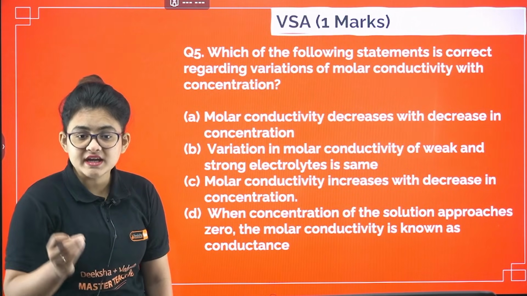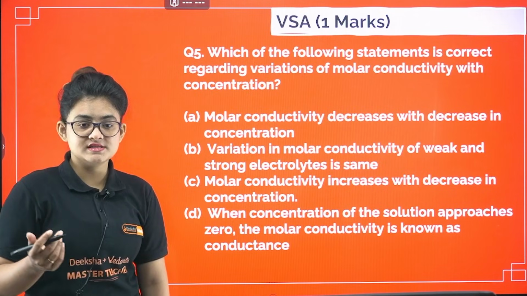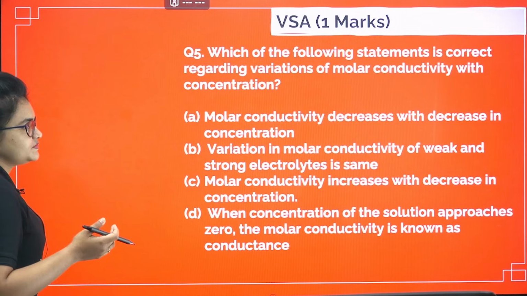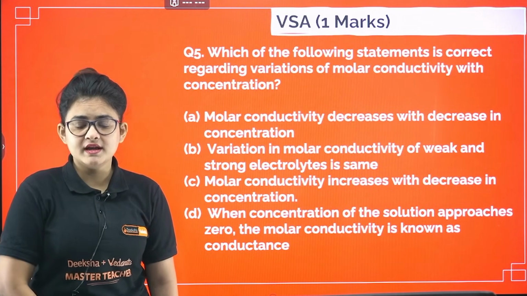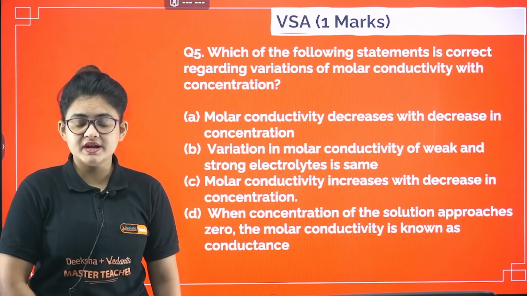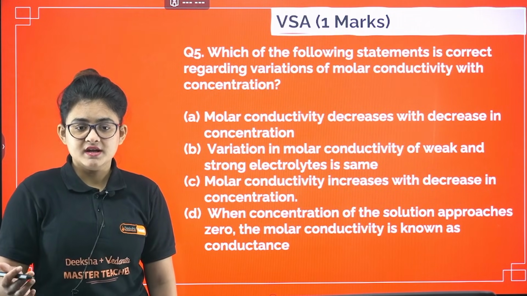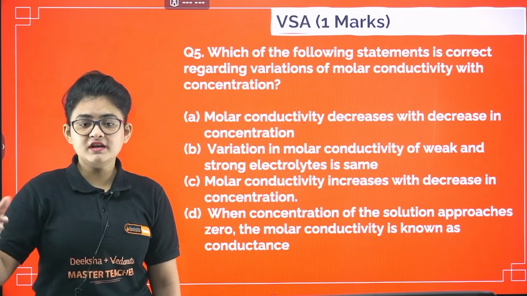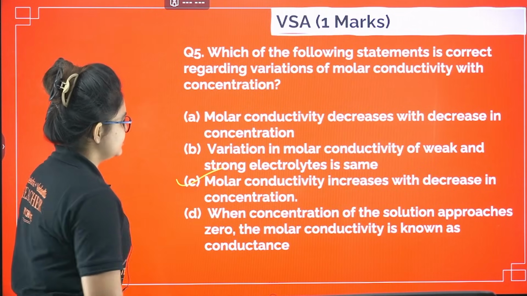If you dilute this, molar conductivity increases, because if you see the formula, lambda m equals kappa into 1000 by C, the concentration term comes below. So they are inversely proportional. If you increase the concentration, molar conductivity will decrease and vice versa. So option C is going to be the correct one.